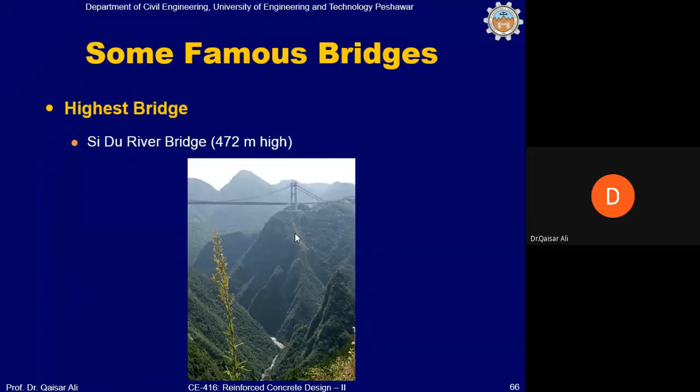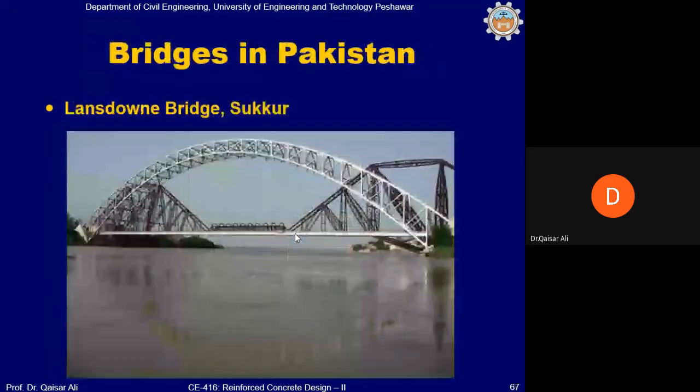This is the highest bridge in the world, Siduhe River Bridge, 472 meters high. This is the Lansdowne Bridge in Sukkur, a very typical example of arch bridges.